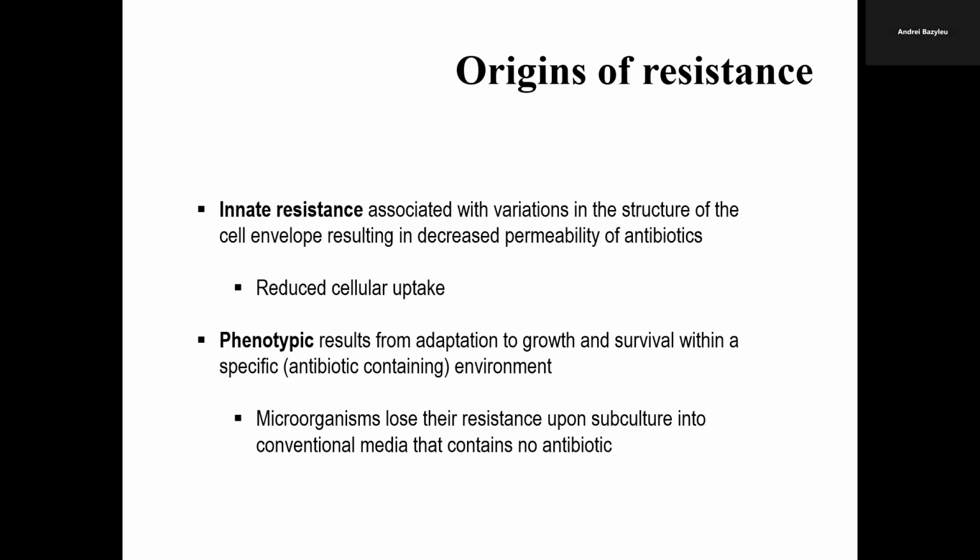Okay. So I think you probably know what I'm getting at. All of the mechanisms we just discussed can be classified into these two groups. So phenotypic resistance, let's start with this one, acquired resistance, something that is gained over the lifetime and can be lost over the bacterial cell lifetime. So what do you think falls into this category?